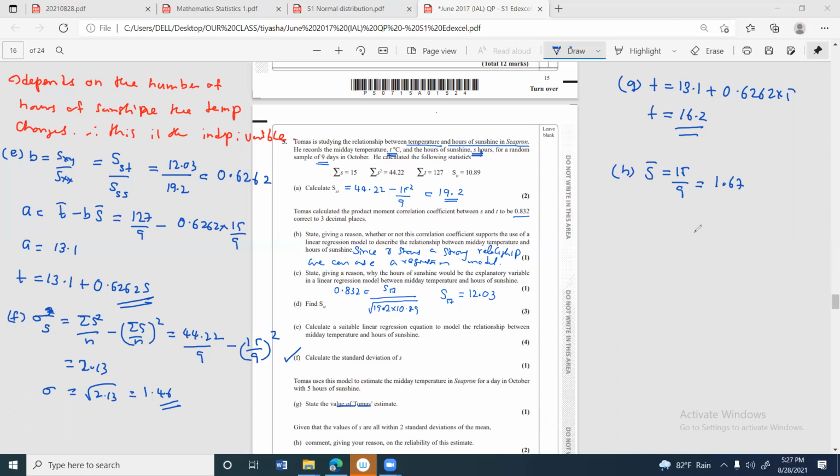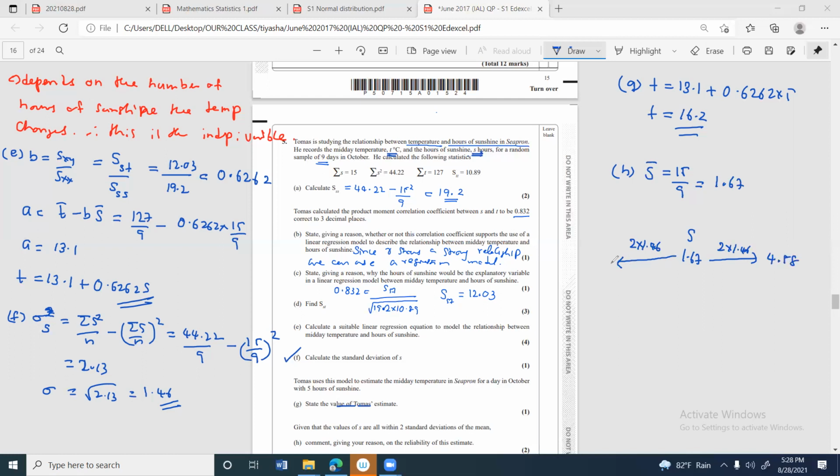Then if you go two standard deviations to this side, because they mentioned that the value should fall within 2 standard deviations, we already found the standard deviation: 2 times 1.46 to this side and 2 times 1.46 to the other side. If you work out plus 2 times 1.46, it is 4.58.